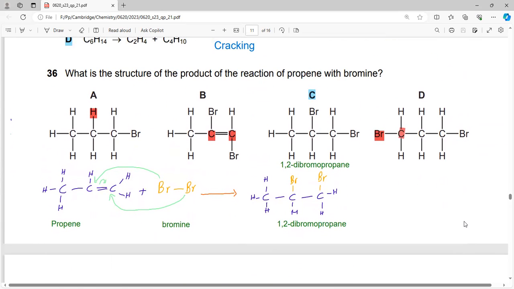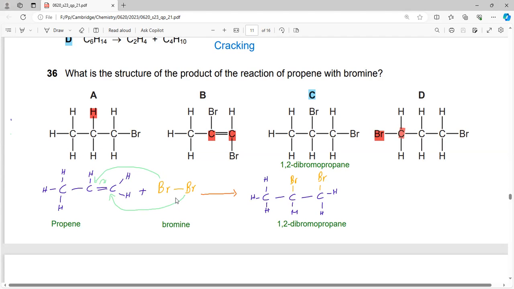Question number 36: what is the structure of the product of a reaction of propene with bromine? Propene is an alkene. When propene reacts with bromine, what will it produce? You can see the structural formula for propene. There is 1 double bond present between the 1st and 2nd carbon.